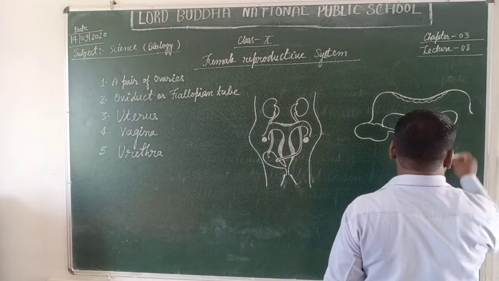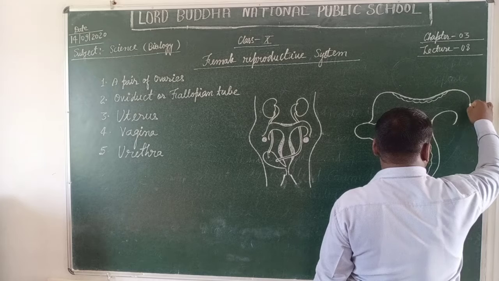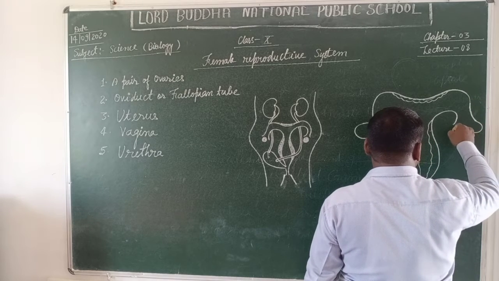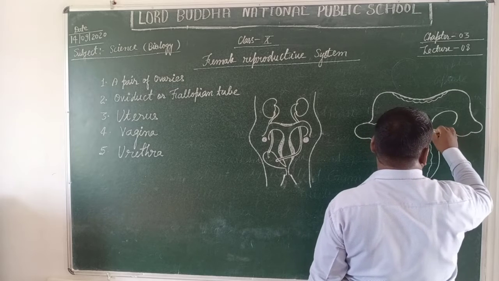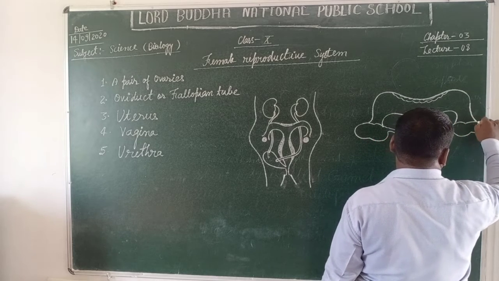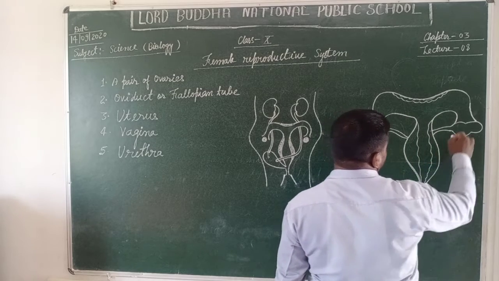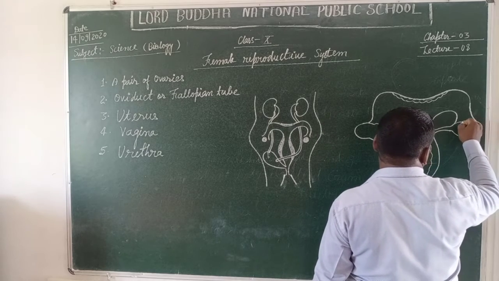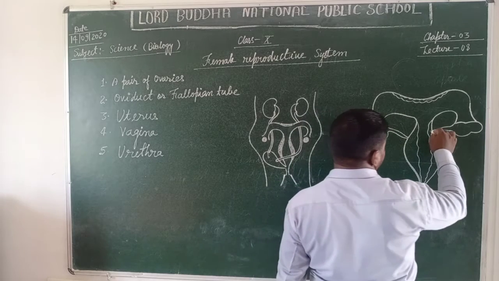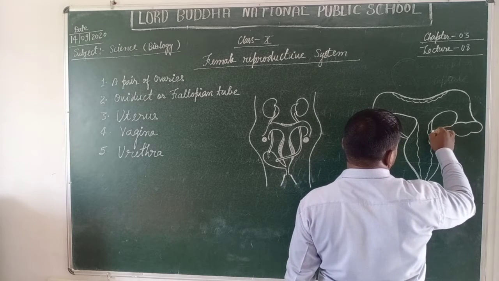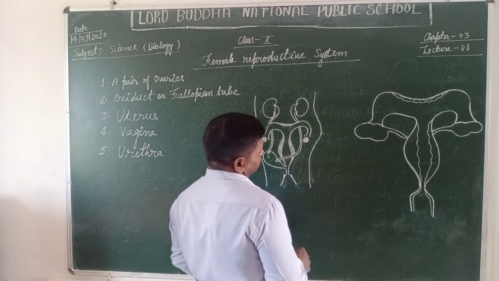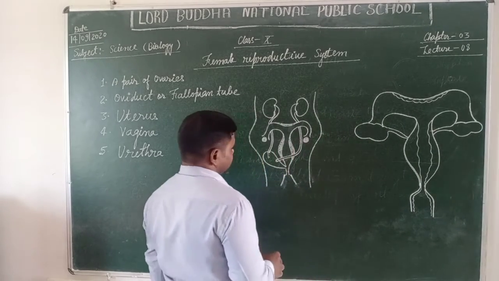The almond shaped structure of the ovary. Each ovary is about 3 centimeter long, 1.5 centimeter wide, and about 1 centimeter thick in structure. Now students, I am going to label these diagrams.